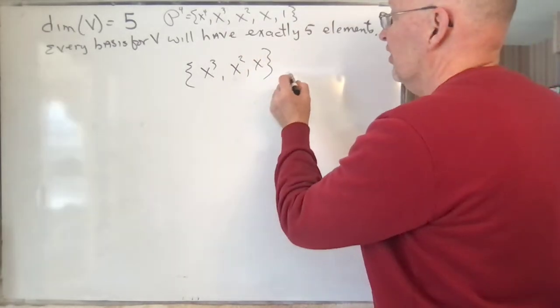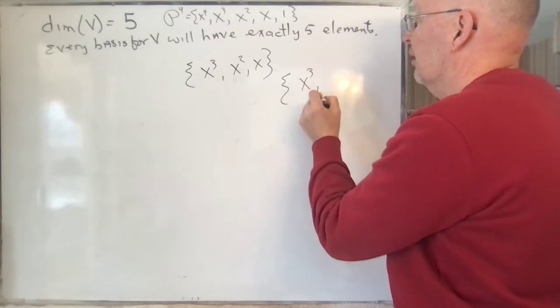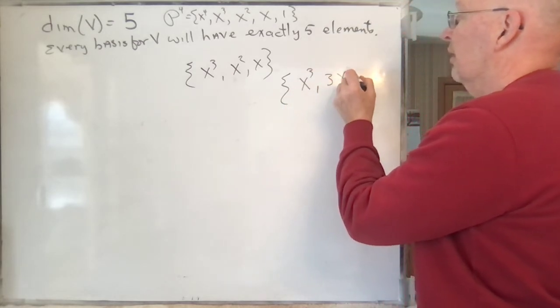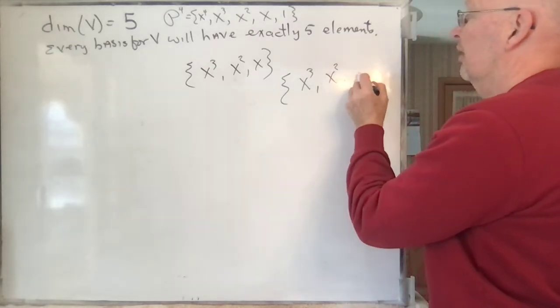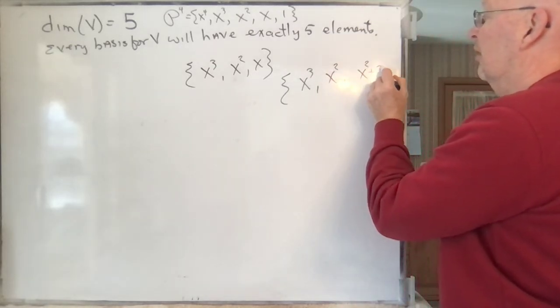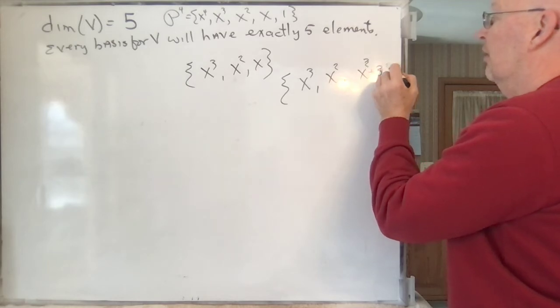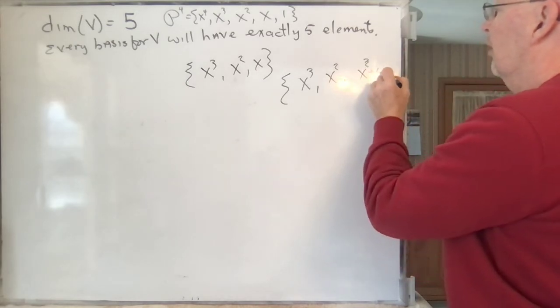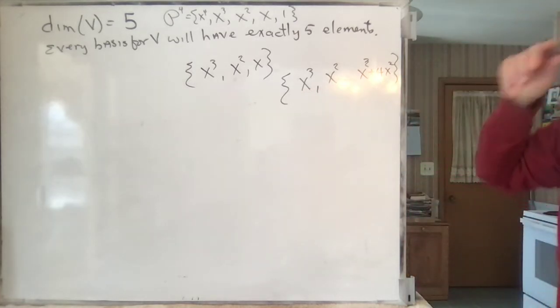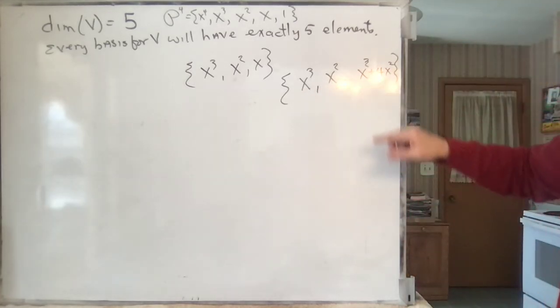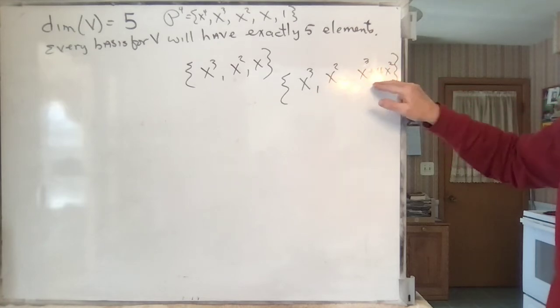Here's another set which has less than 5. There's another set of 3 vectors. Notice that this set of vectors is linearly dependent.